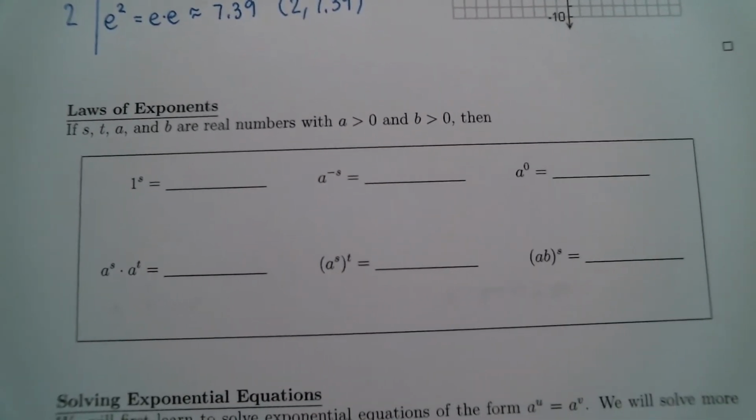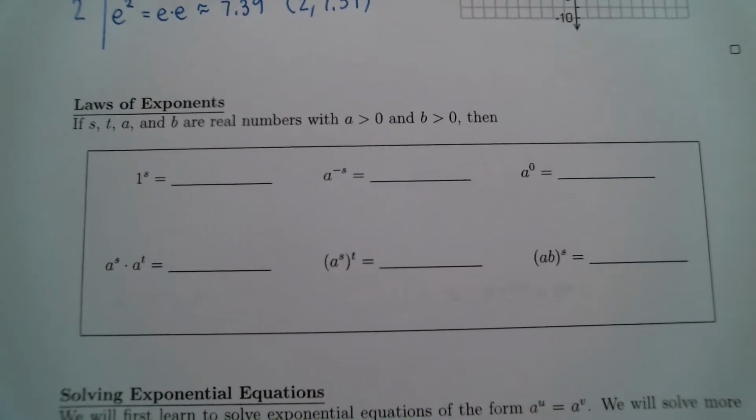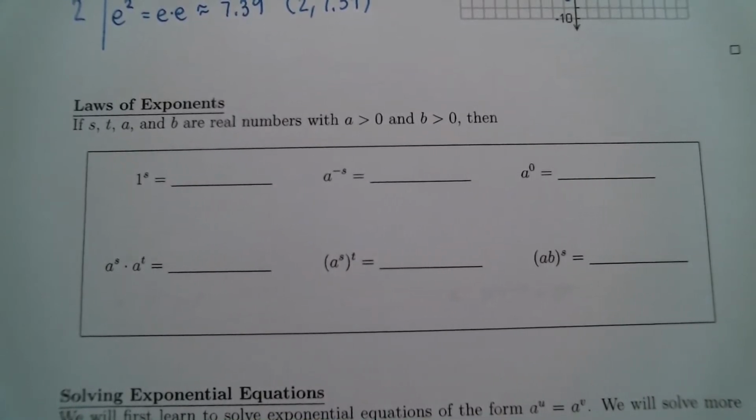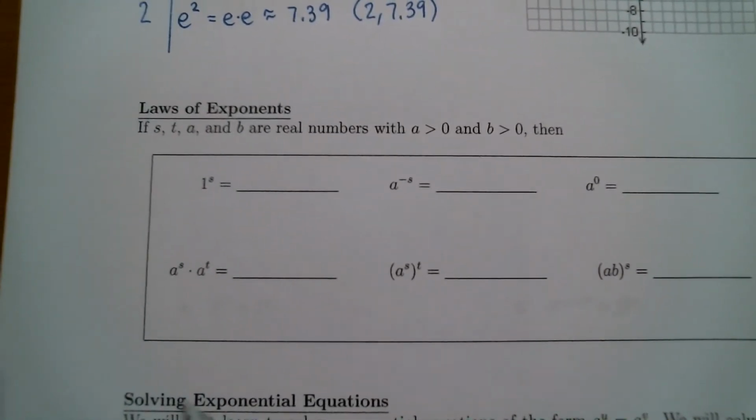So it says, let S, T, A, and B be real numbers. A and B are assumed to be positive, so they're just positive numbers. So this first one is saying if you have 1 to the S power, so that's basically saying what is 1 to any power, because S is just a number.